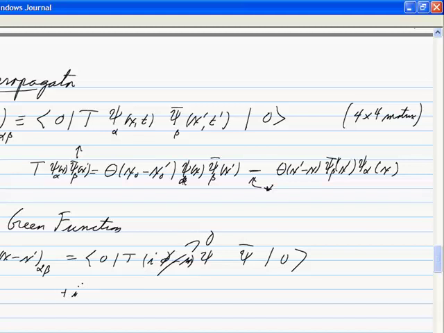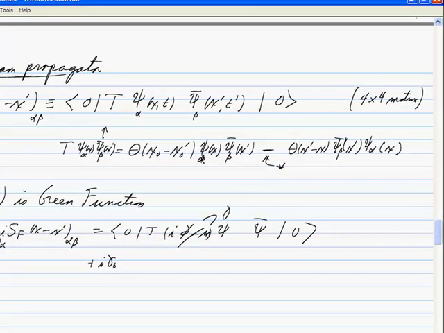So I get i gamma 0 from that: delta of x 0 minus x prime 0 psi psi dagger plus delta of x prime 0 minus x 0 psi dagger psi.